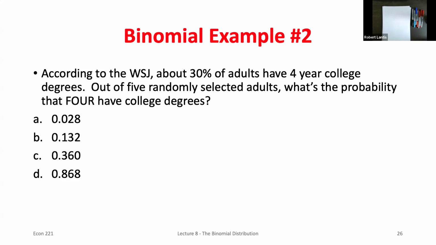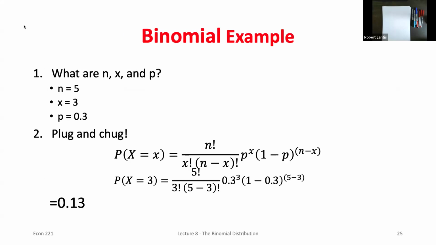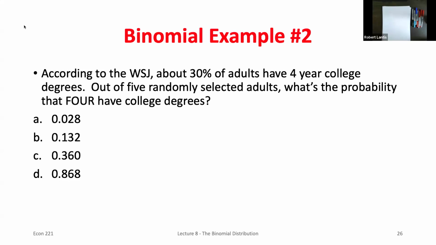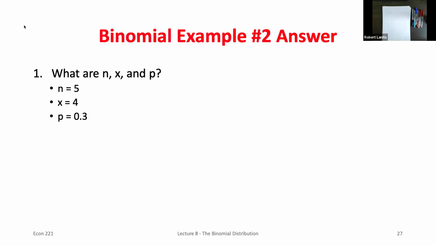If I know that on average, 30% of people have a degree, then on average, out of 5, about 1.5 people would have a degree. The probability that 3 people have a degree we just found was 0.13. So the probability that 4 of the 5 should be even lower. The only value here that was lower than that is 0.028. That must be the correct answer.